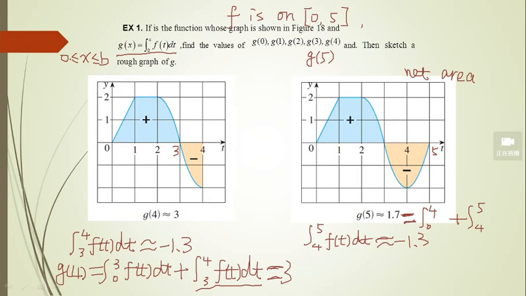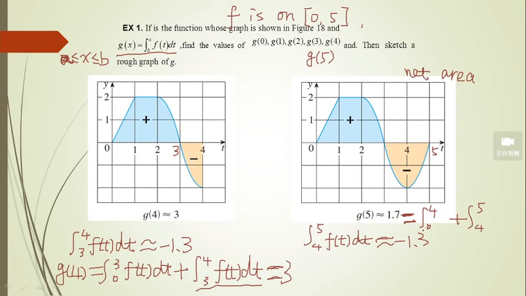Let me just write a and b. And we understand the function g is the accumulated area from a to x. Now let's check the rough graph of g.